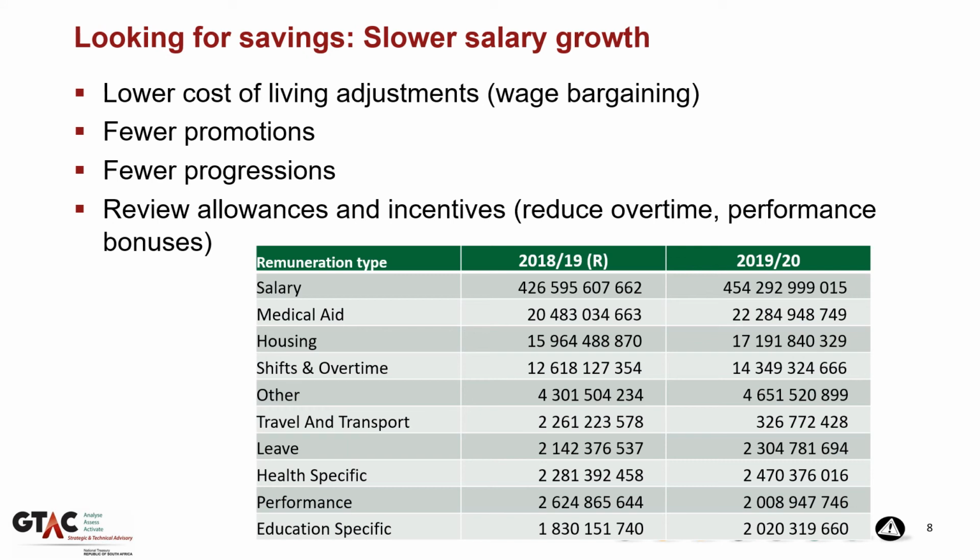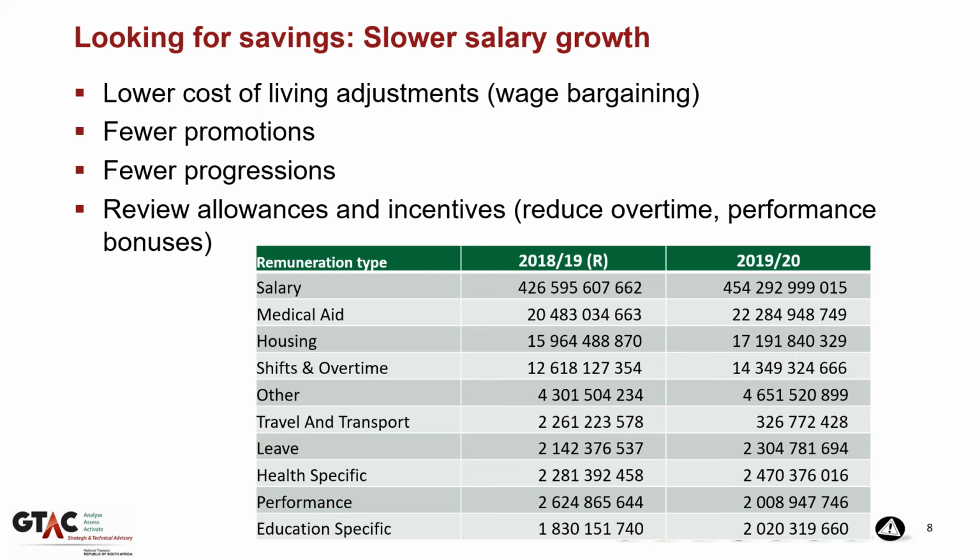Performance bonuses amounted to 2 billion rand overall in 2019-20, and shifts and overtime made up 14 billion rand. This and other discretionary benefits and allowances could be reduced by departments to slow down salary growth.